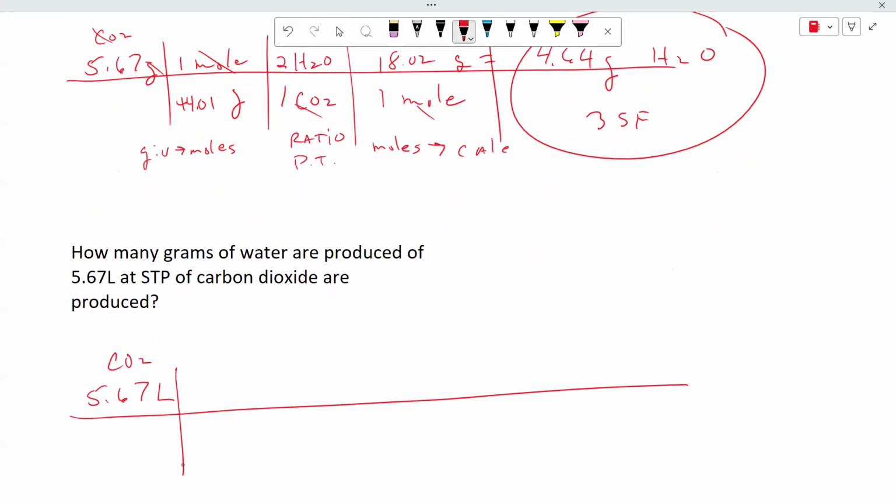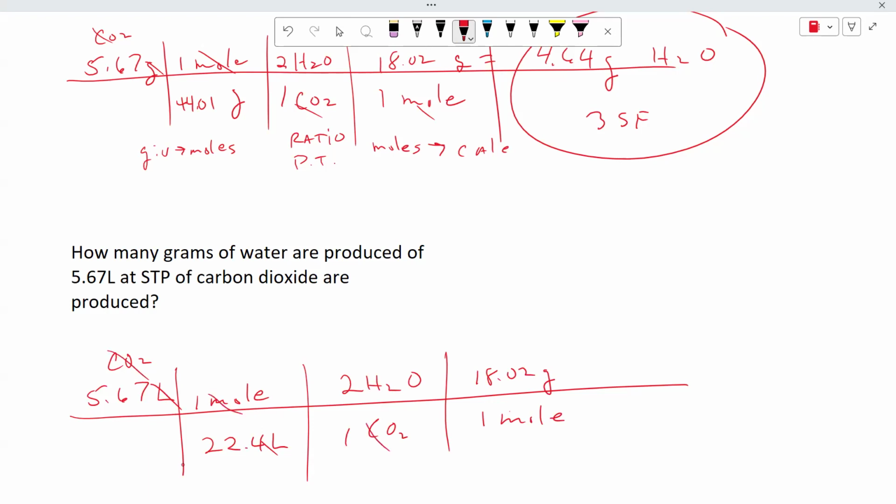So to convert liters to moles at STP, it's going to be 22.4. And the ratio is going to be the same, water to carbon dioxide. And then we need grams of water. So that's going to be the 18.02. So everything cancels. I'm left with grams of water.